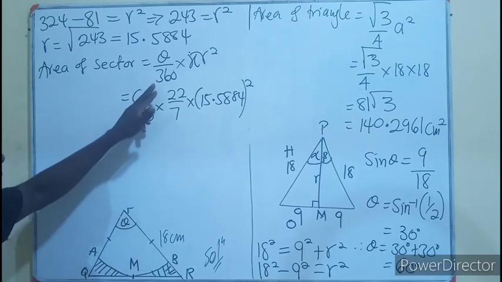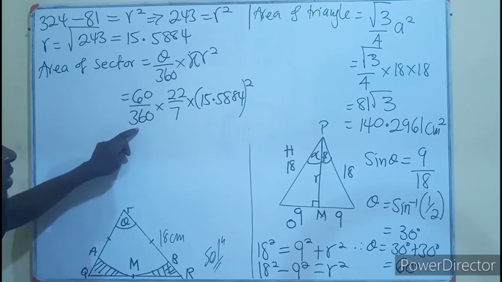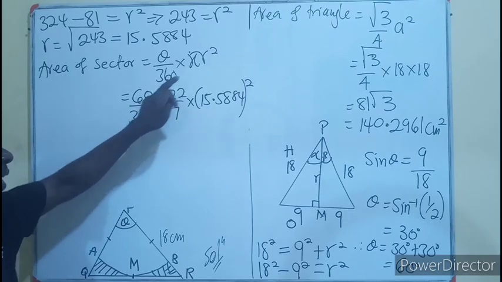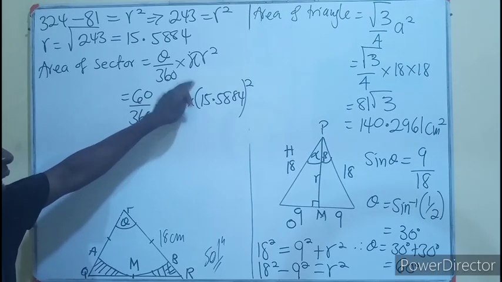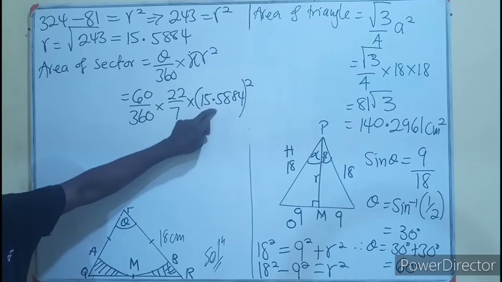This will cancel this, giving 1 over 6. 6 and 22 have 2 as a common factor, so this will be 3, and this will be 11. 11 over 7 times this.